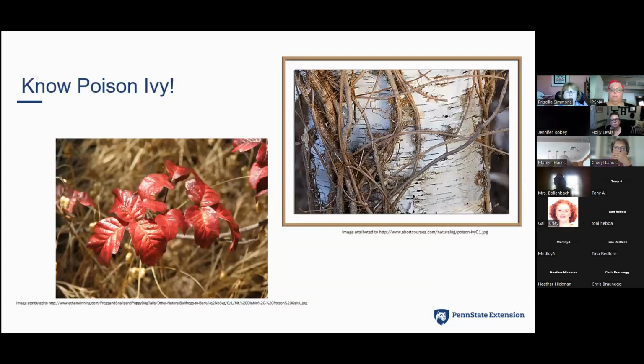Obviously, it's very important for you to know poison ivy and recognize it and suspect it when you are working out in your flower beds, because just because it wasn't there last year doesn't mean that it won't be there this year. And this shows a poison ivy plant as it is emerging in the spring. And you've seen photos of the vines growing up trees.